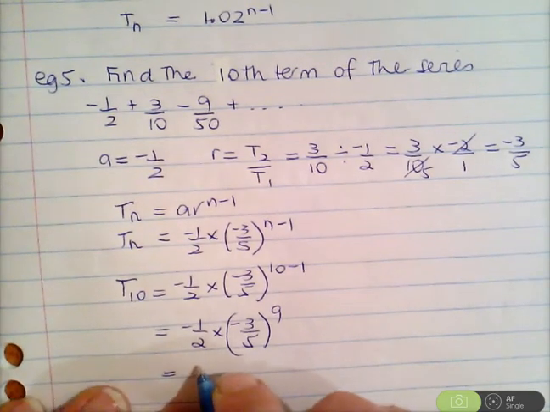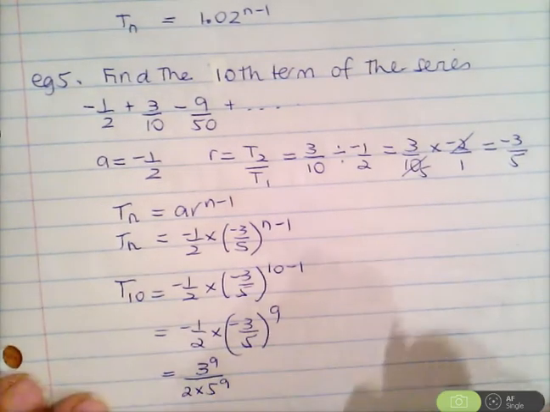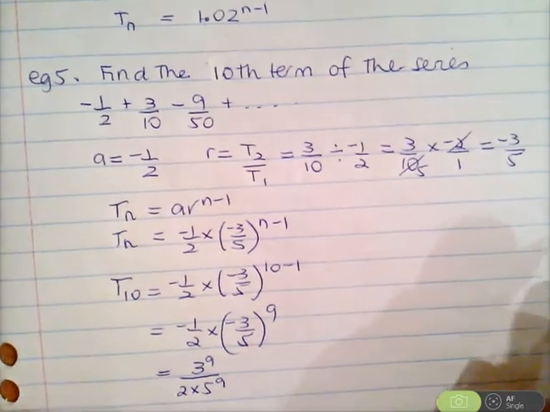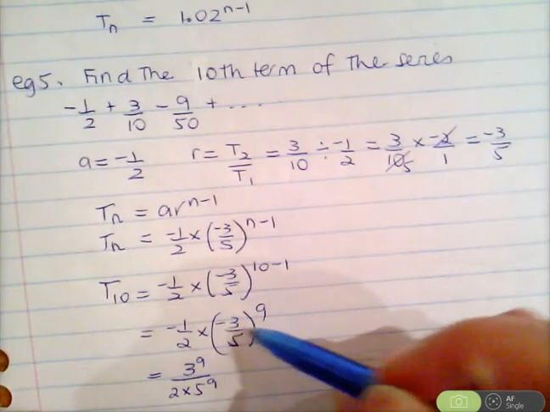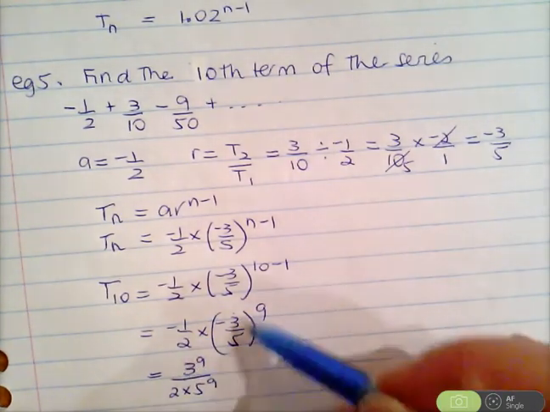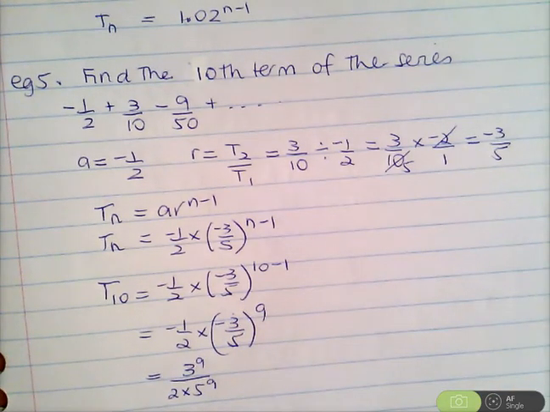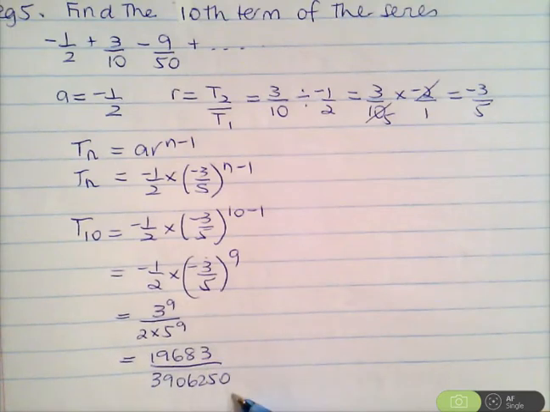So we can write it as 3 to the power of 9 over 2 times 5 to the power of 9. That's simplified. The 2 is just to the power of 1, the 3 is to the power of 9, and so is the 5. That's in fraction form as a numeral.